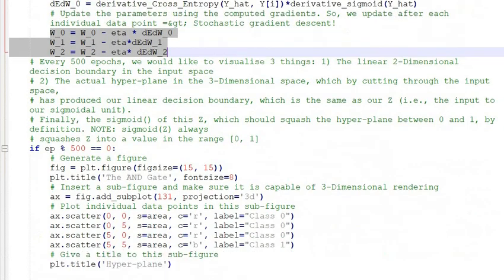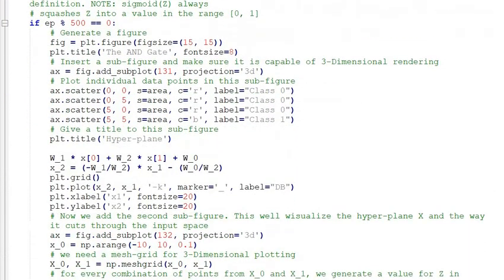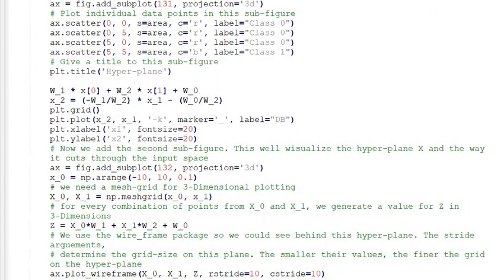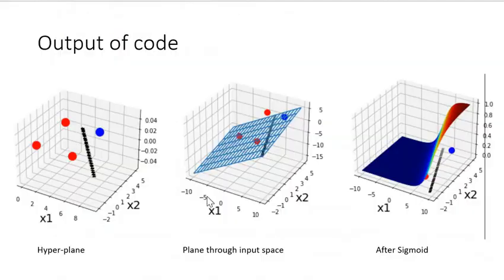I'll quickly take you to the visualization and show how it looks, and how my model is now trained so that it can mimic an AND gate, or give me an output similar to a very simple AND gate. You can see these three outputs.